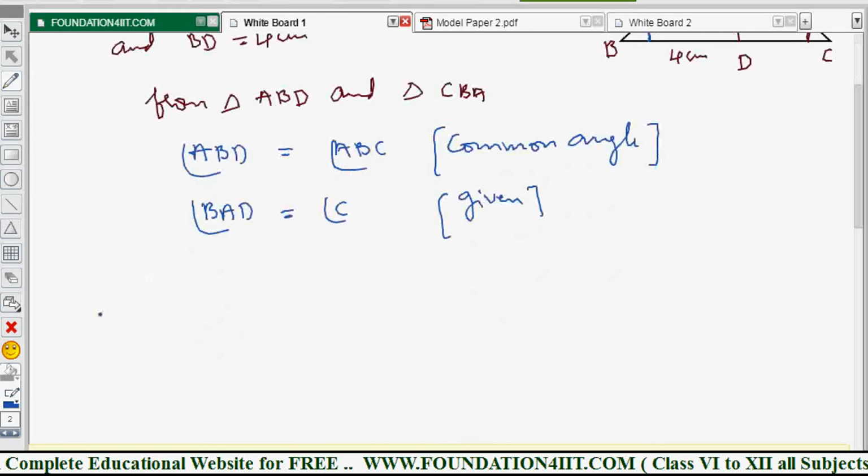Therefore, triangle ABD is similar to triangle CBA by the AA axiom. When two angles are the same, the third angle is also equal, because the sum of the angles in a triangle is 180 degrees. Whenever two triangles are similar, the ratio of the areas is the square of the ratio of corresponding sides.